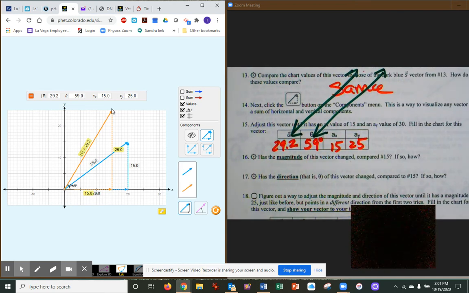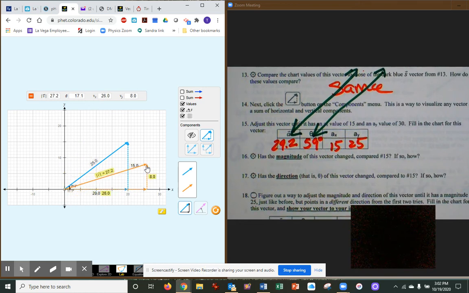Figure out a way to adjust the magnitude and the direction of this vector. Take the one you adjusted and readjust it until it has a magnitude of 25, but in a different direction. So it was here. Choose a different direction, but make sure the magnitude is still 25. Find a position where we're back at 25.